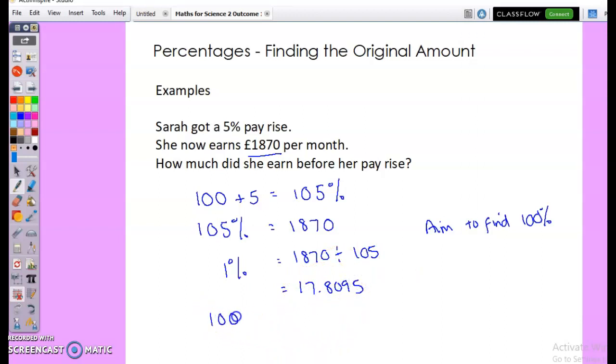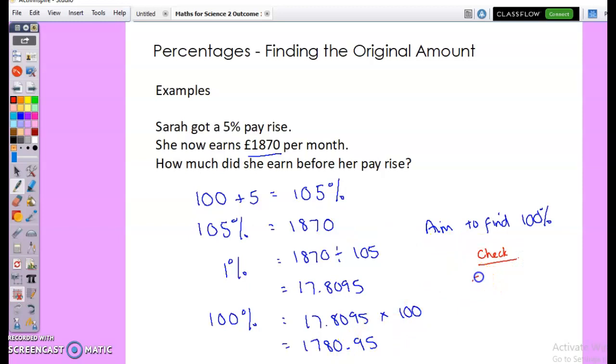So 100%, times that by 100. Which is £1,780.95. What you can always do here is you can always do a wee check.